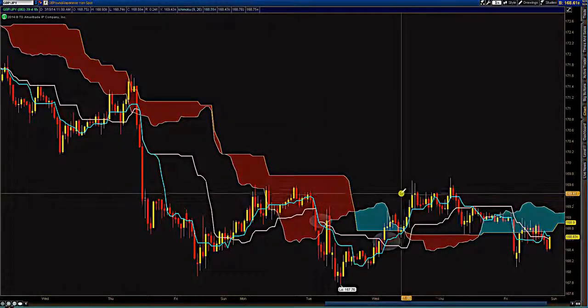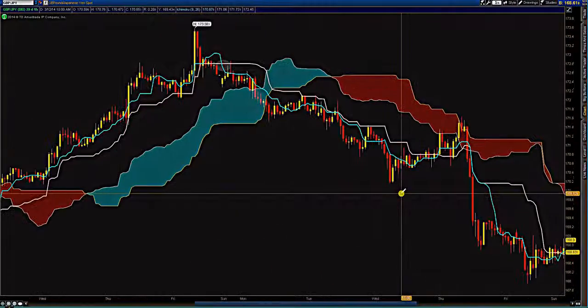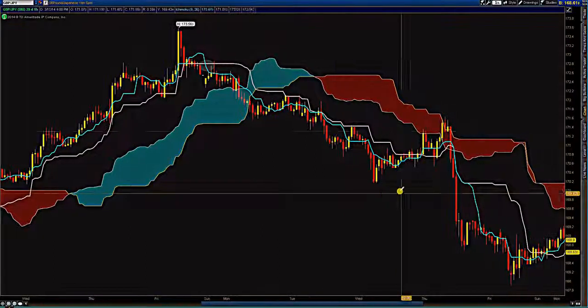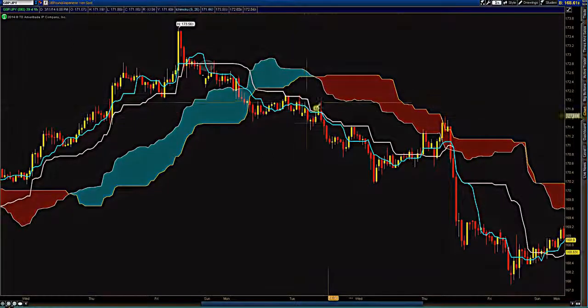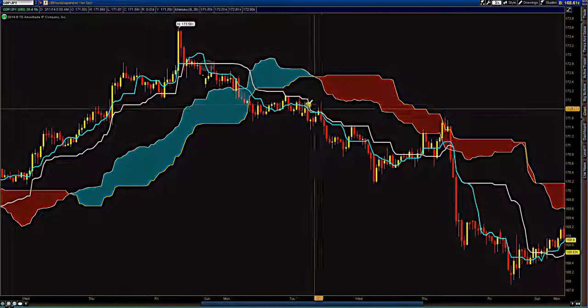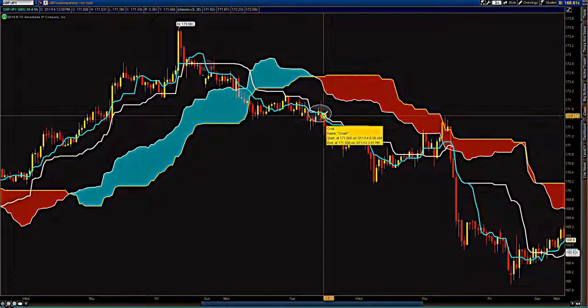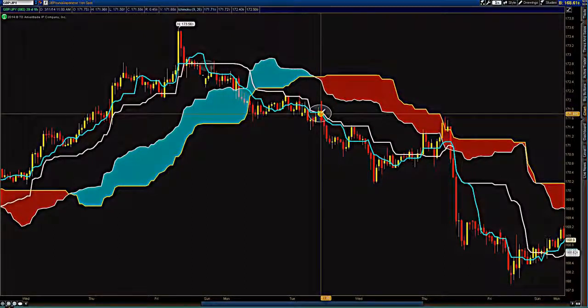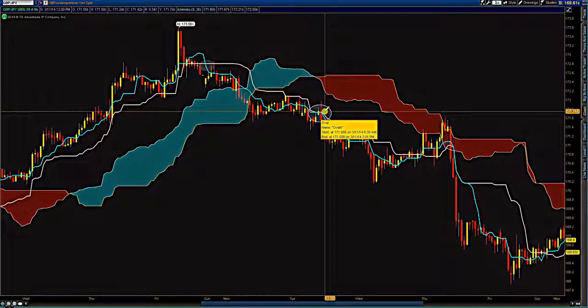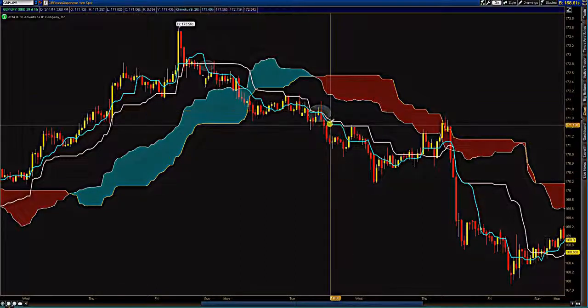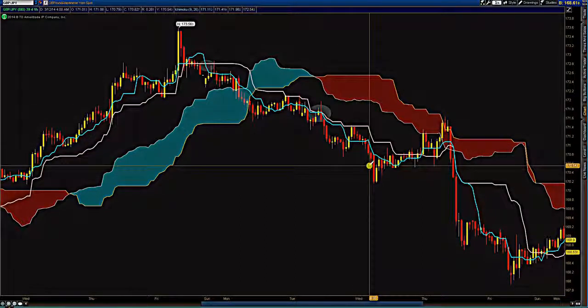And a strong cross is when price breaks. In this case, we have it right here. The Tenkan-sen crosses below the Kijun-sen, below the cloud. So we have a bearish cross in bearish territory. That's a strong indicator, and in this case, it worked out well too.